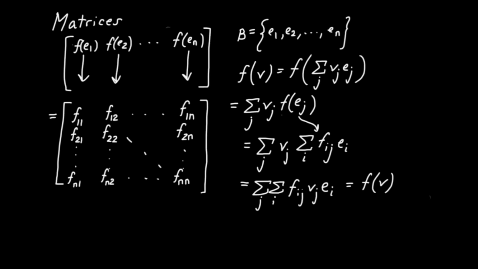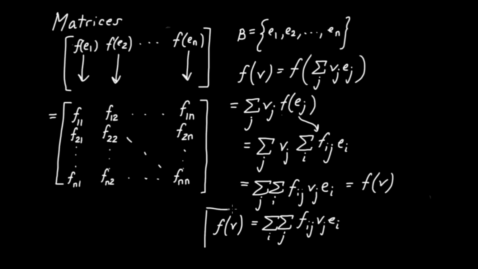And one last thing we may do to this double sum over here is we may write that f of v is equal to the sum over i, sum over j, just reversing the order of summation, which we can do, of fij, v sub j, e sub i.